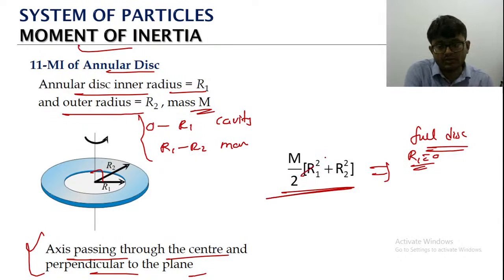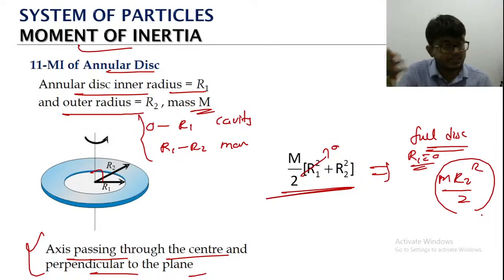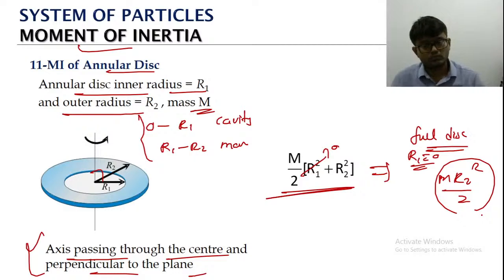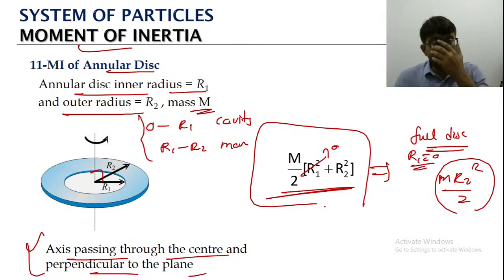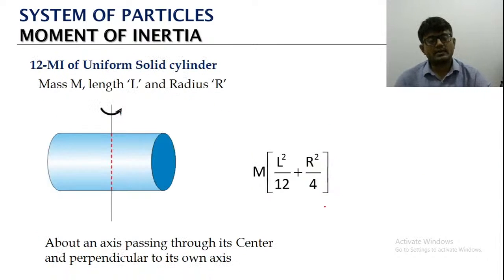Put R1 as 0 in this, what do we get? M into R2 square by 2. Remember, that is the formula for the moment of inertia of the disc about the principal axis: mass of the disc into radius square by 2. So the formula for the annular disc is M by 2 into R1 square plus R2 square.